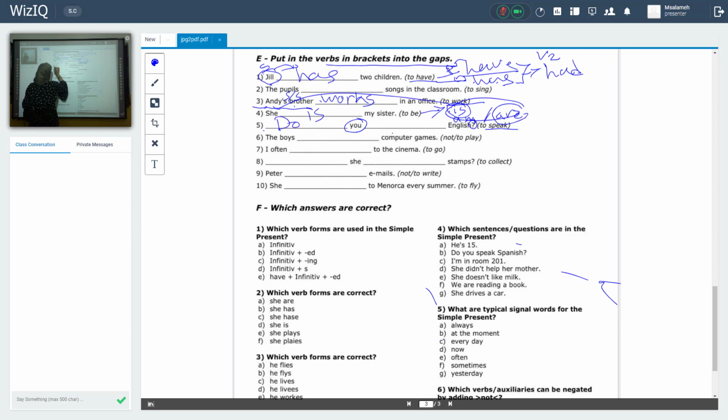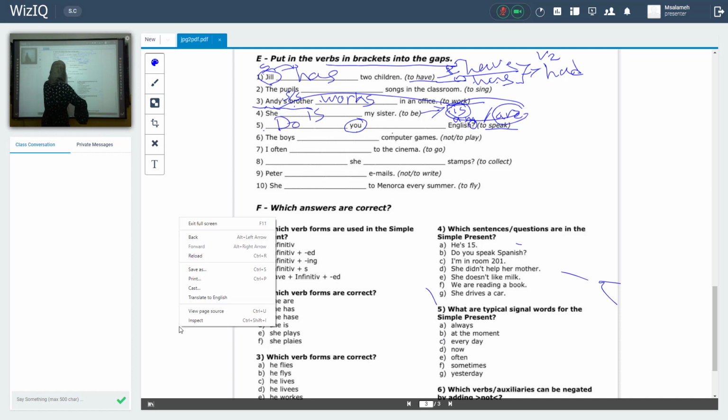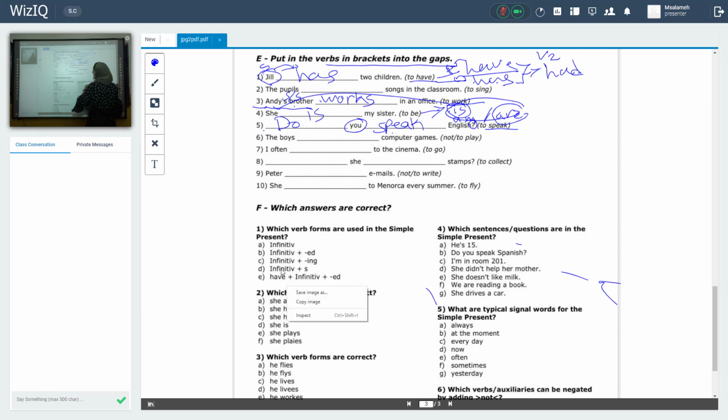So, Do, capital letter, do you speak? Speak without S or ES because the subject is plural. Okay, here, often, it's a what? It's a keyword for the simple present tense. I go. Okay, why go? Because the subject itself is plural. So I will never add S or ES.